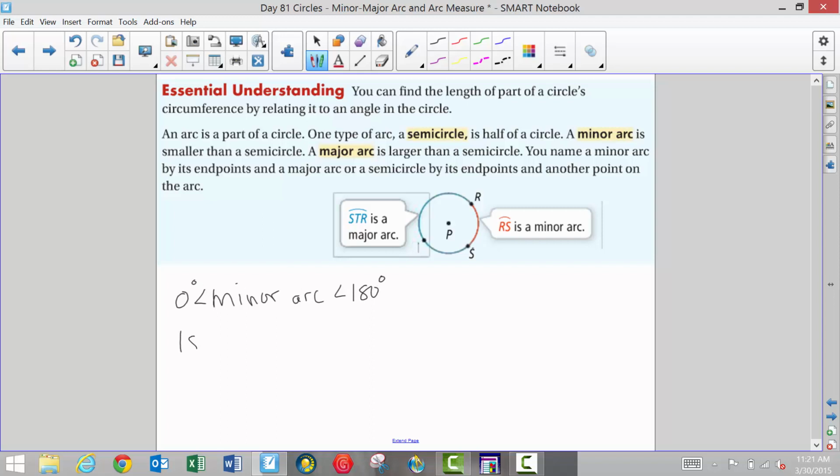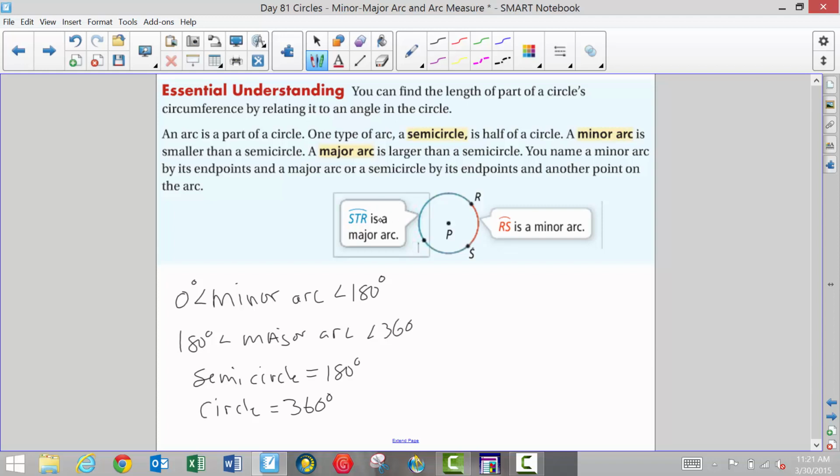A major arc is between 180 and 360 degrees. A semicircle is exactly 180 degrees, and a circle is exactly 360 degrees.